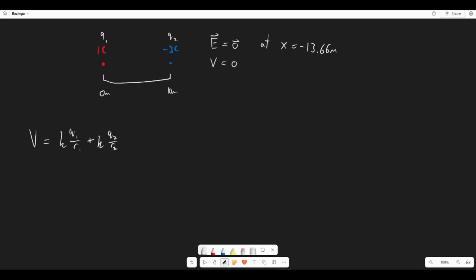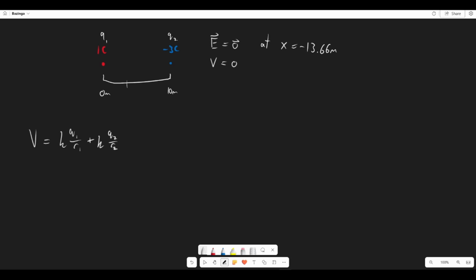So generally, when you're dealing with force calculations and electric field calculations in one dimension at least, you will want to write it in that form, and then figure out the sign based on the situation. But for potential energy and voltage, you can just use the formulas and go.